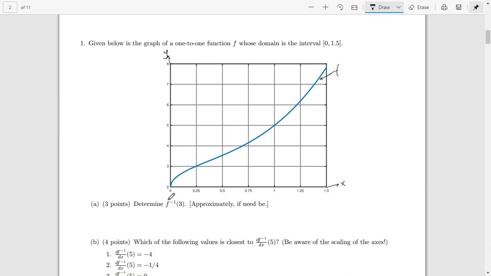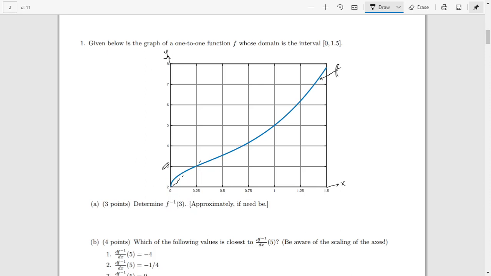But if we find the inverse function, which we can find by drawing a straight line y equal to x and then drawing the f inverse, we find that the domain of f inverse will be the y-axis, while the range will be the x-axis. So when they say we should find the f inverse of 3, we are not looking at the x-axis because that's not the domain of f inverse, but we're looking at the y-axis.